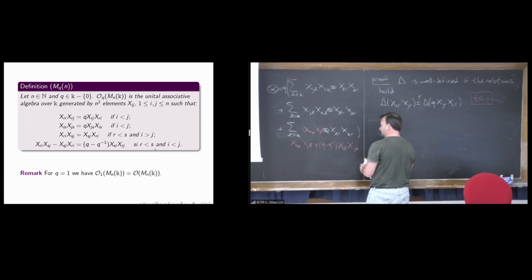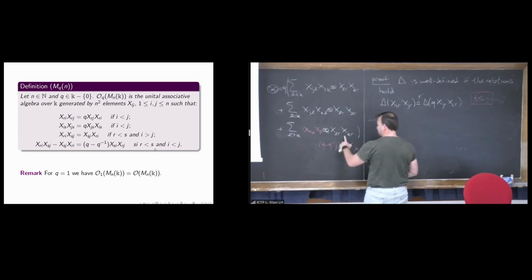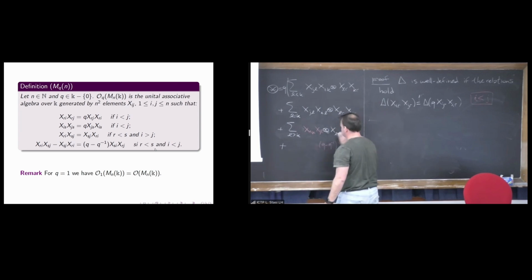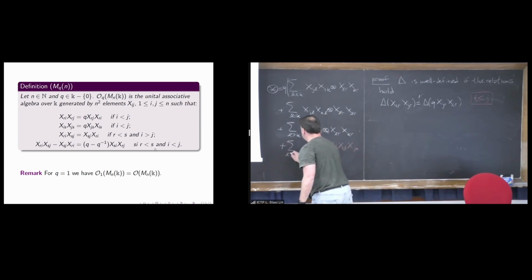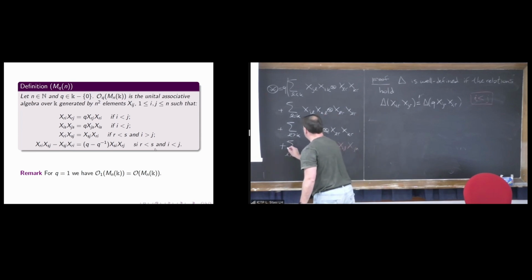And we have to add the following two with this one. So we have plus the sum for L bigger than K of Q times this one, XIL, XJK, tensor.